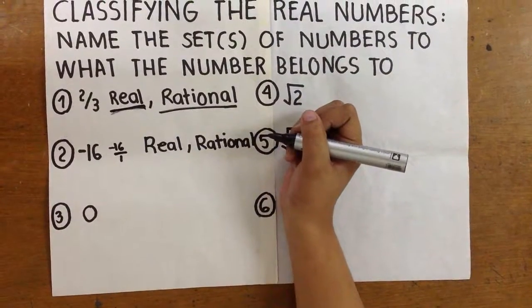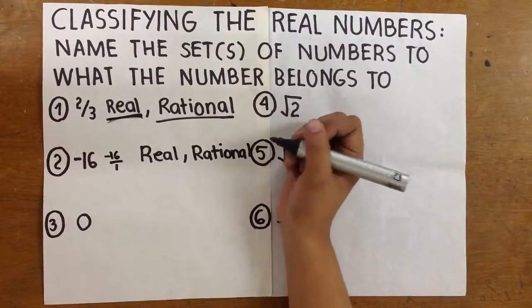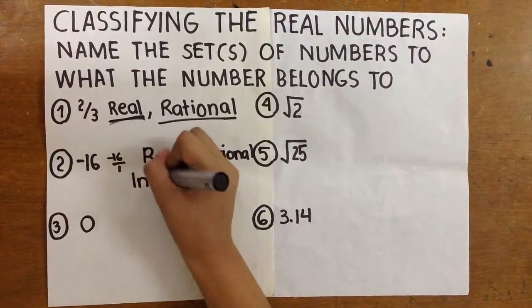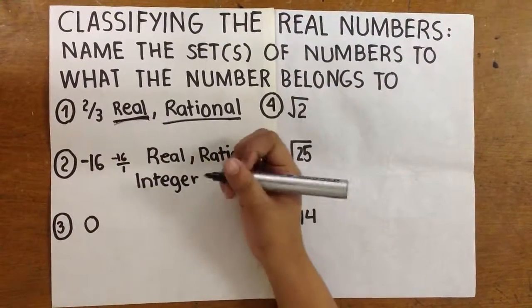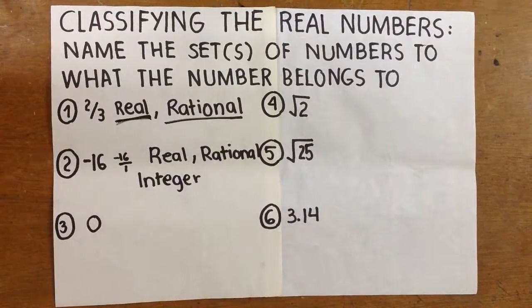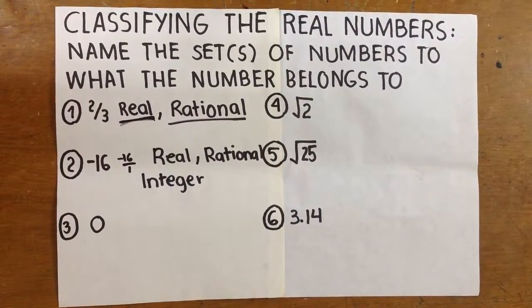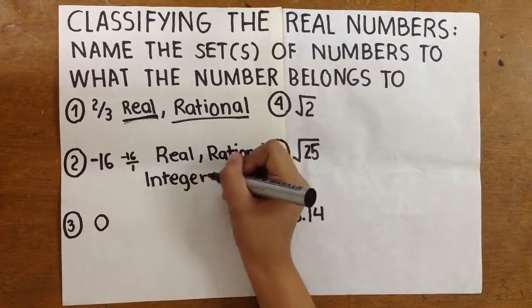It is an integer because it's a whole number and its opposite. -16 is the opposite of 16, so it is an integer. But since it is not a counting number, including 0, I cannot list it as a whole number or a natural number. So, it's just these three groups that -16 belongs to.